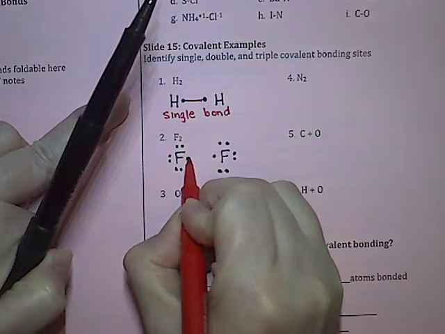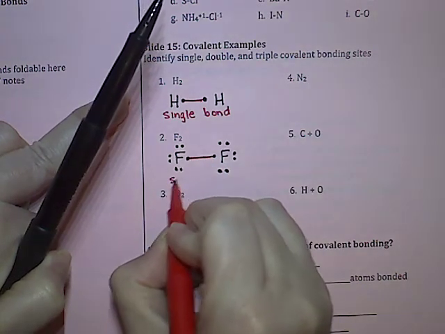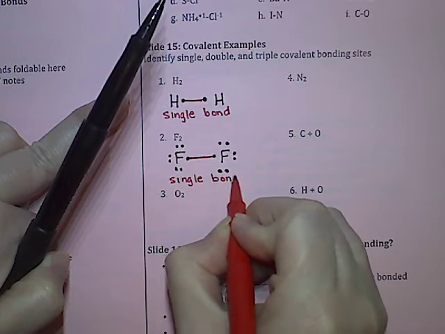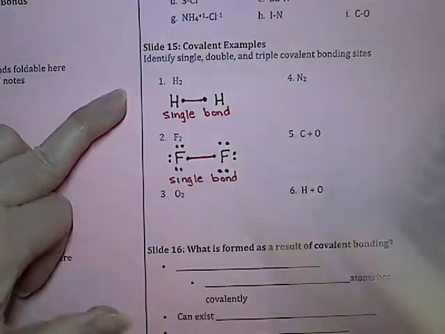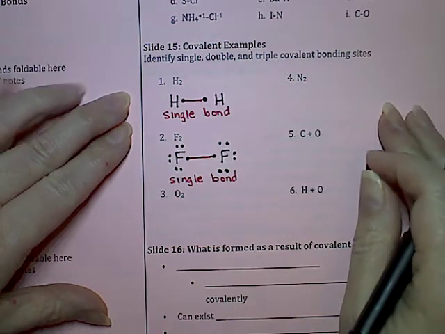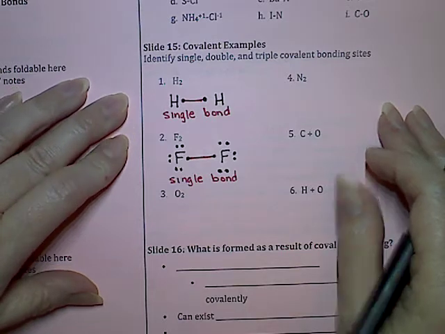Once again, connecting those dots, we have a single bond. So a single bond is 1 bond formed between 2 electrons, or 1 pair of electrons.